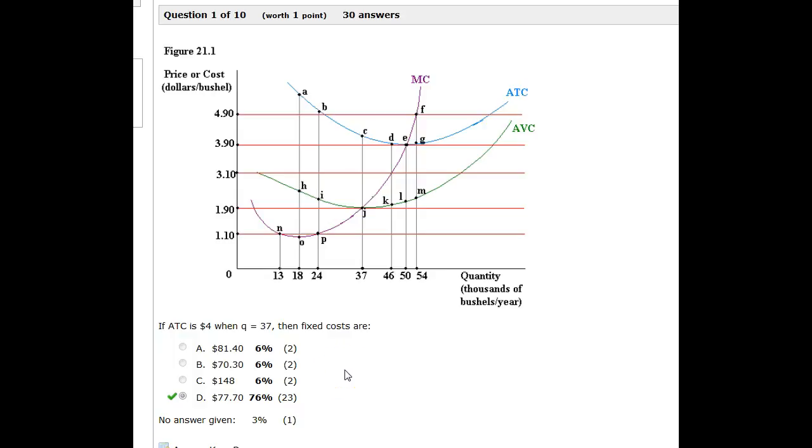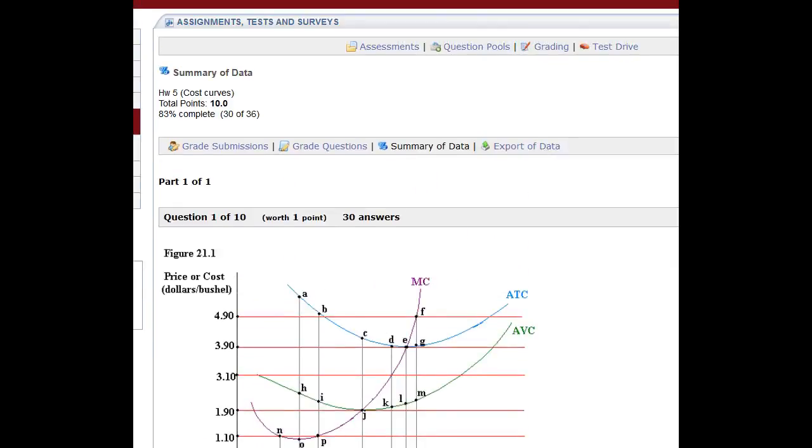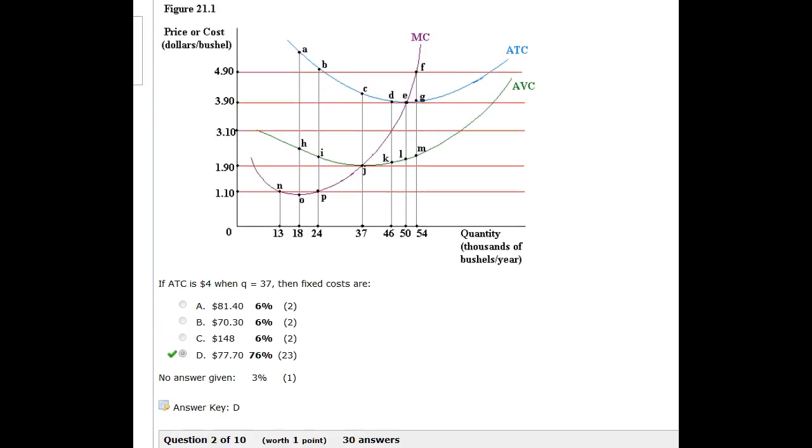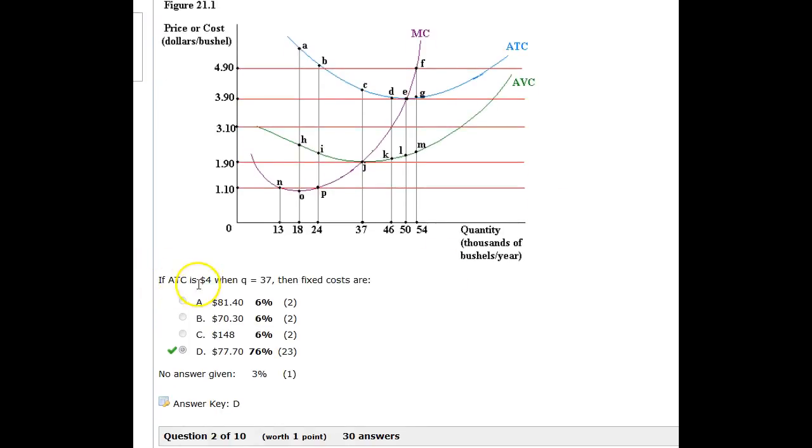So this is from homework set number 5, cost curves. ATC is 4 when Q equals 37, and we want to find fixed costs.